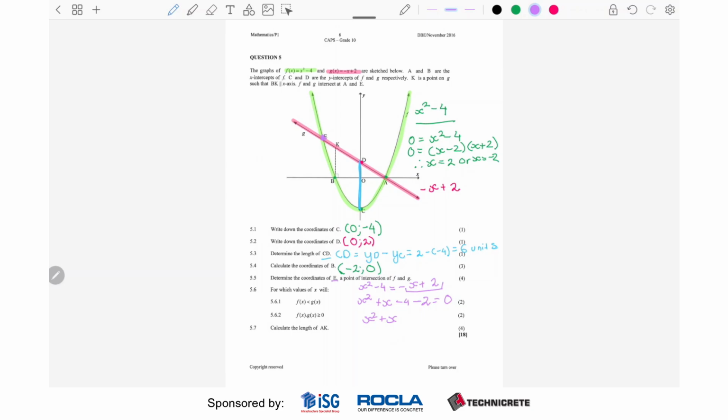So therefore it will become x squared plus x minus 6 is equal to 0. And since this is a trinomial, we can factorize it. I'll be using the factors of 3 and 2 to give me 1. So x minus 3 and x minus 2. Therefore, x can either be 3 or x can be 2.